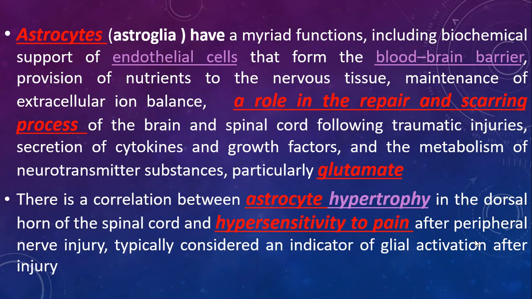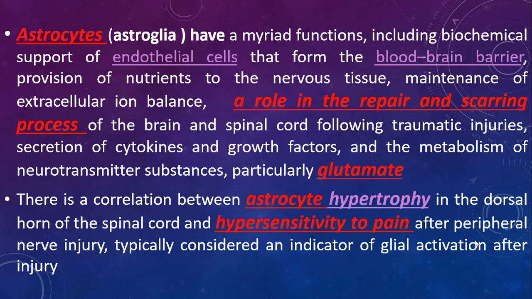Astrocytes or astroglia have a myriad of functions, a versatile character really, including biochemical support of endothelial cells that form the blood-brain barrier, provision of nutrients to the nervous tissue, maintenance of extracellular ion balance, and a role in the repair and scarring process of the brain and spinal cord following traumatic injuries, secretion of cytokines and growth factors, and the metabolism of neurotransmitter substances, particularly glutamate.